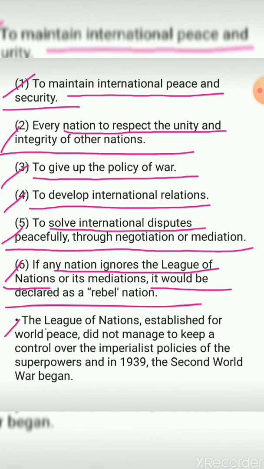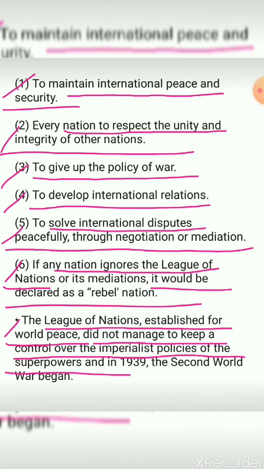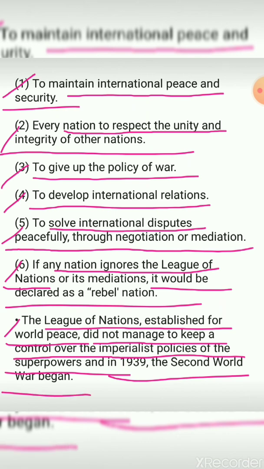Next, the League of Nations, established for world peace, did not manage to keep control over the imperialistic policy of the superpowers, and in 1939 the Second World War began. That means the League of Nations was not successful in bringing peace internationally.